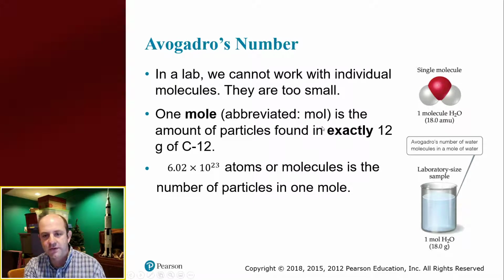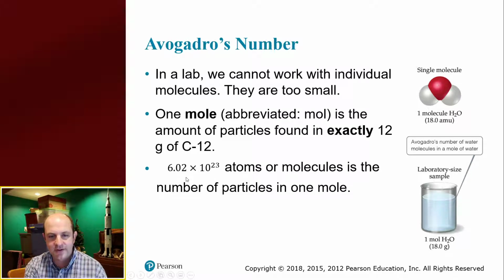And the definition of a mole, it's actually changed a little bit when they changed the definition of what a kilogram was, and they did some other things, but it's close enough that no one's going to care about it. We said it's the amount of particles in exactly 12 grams of the carbon-12 isotope. So if you had pure carbon-12 and we had exactly 12 grams, 12 with infinite sig figs, how many particles would be in there?